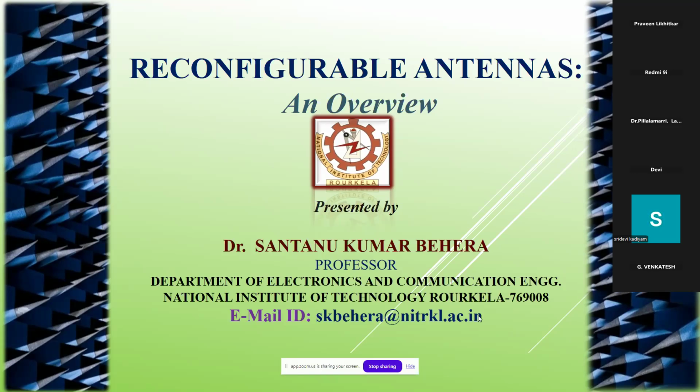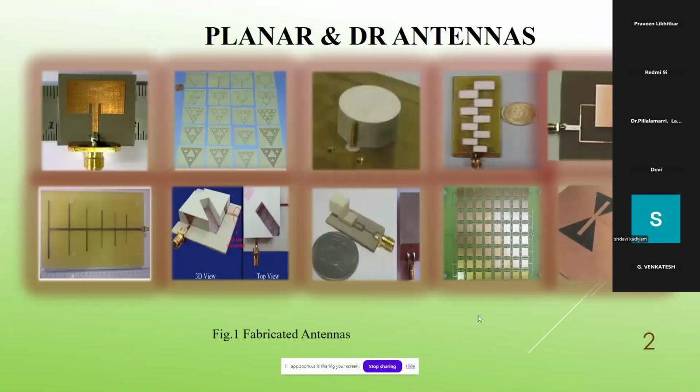Coming to my topic, this is reconfigurable antennas, an overview. No need to tell about me; Dr. Suresh has already elaborated. Coming to these fabricated antennas, we can see a few are planar antennas and a few are DR, dielectric resonator antennas. In planar antennas, the radiating element and the ground plane are in the same plane.